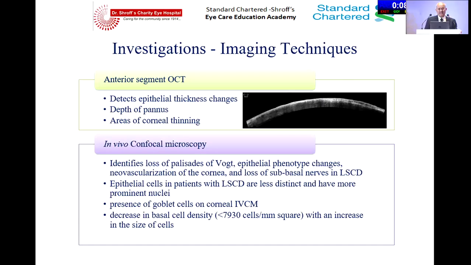The anterior segment OCT can give you a better insight about the depth of pannus, areas of corneal thinning, and perforation. In vivo confocal microscopy can give you more details, especially the cellular structure and the subbasal nerve plexus.